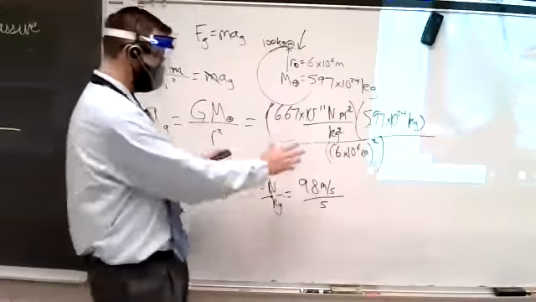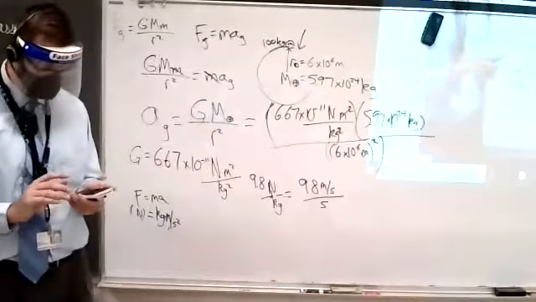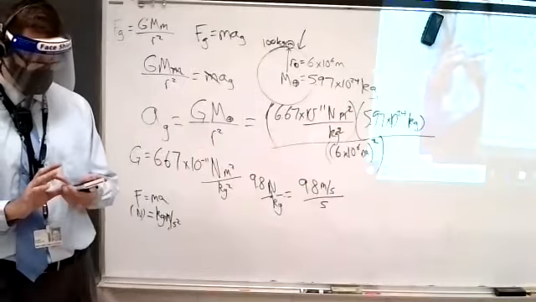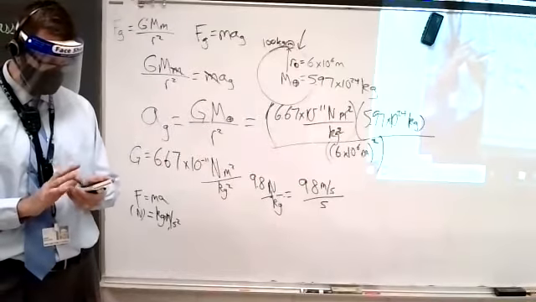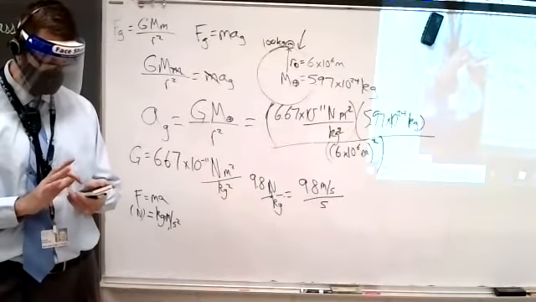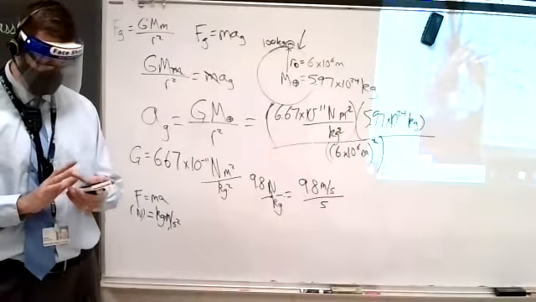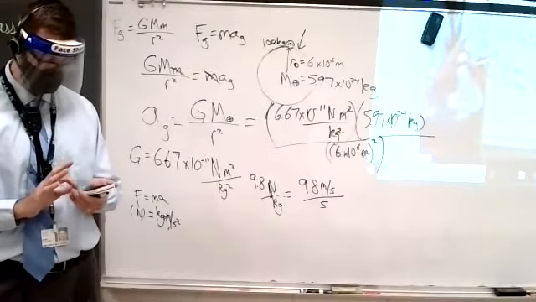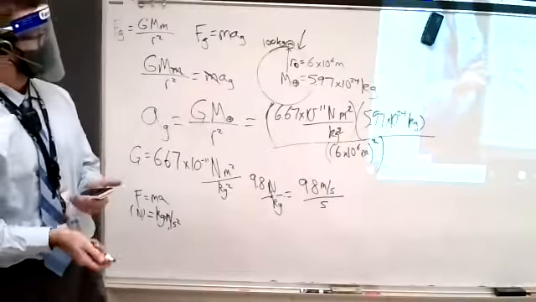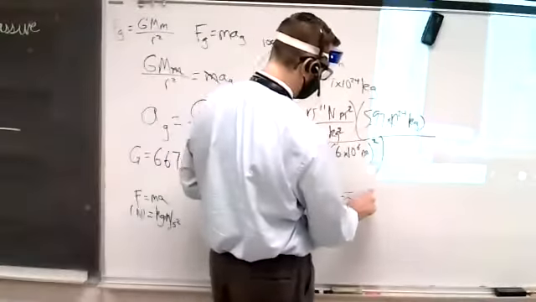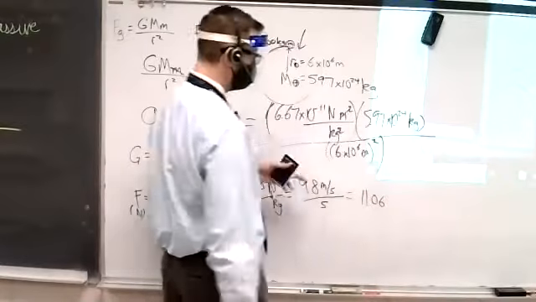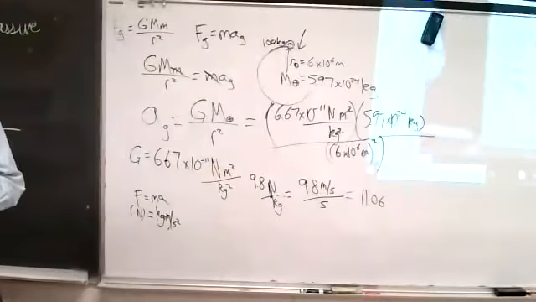So on the numerator, I get about 4 times 10 to the 14, divided by 6 times 10 to the 6 squared. I'm getting 11. That's way off. According to this, it's 11.06, which means.